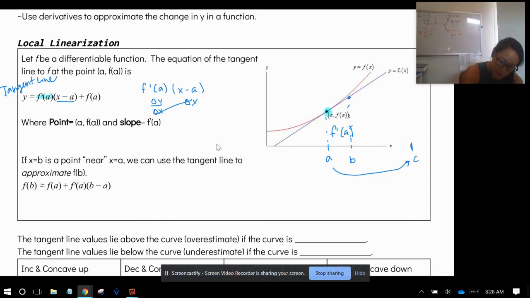That would be the change in y. And then of course we have to add our f of A, so it's the change plus our original height. The point is A comma f of A, and the slope is f prime of A.